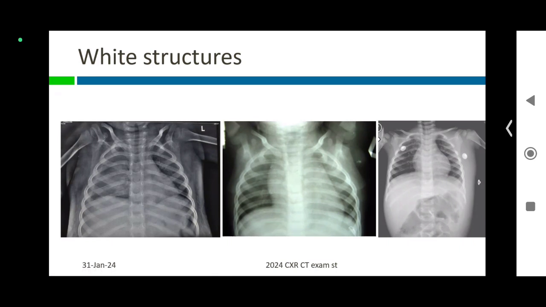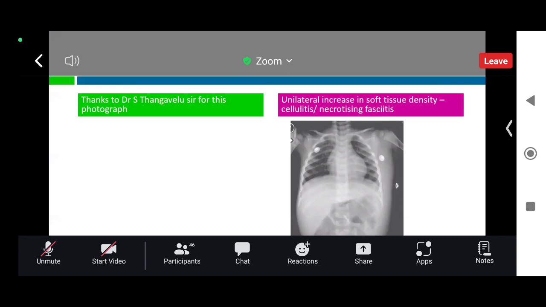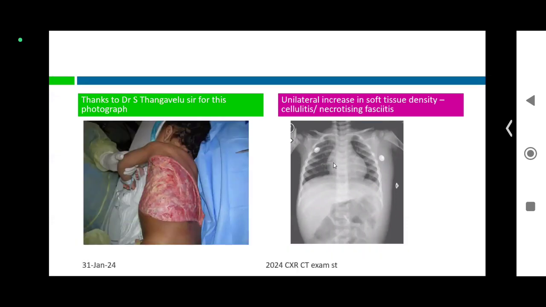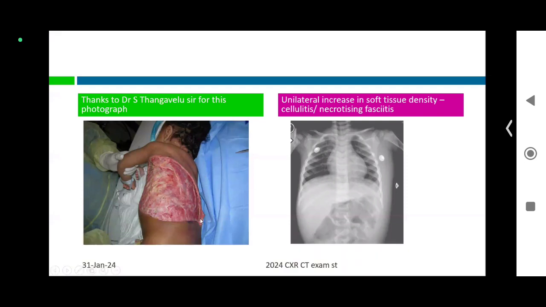Why ominous sign? This is going to be part of your necrotizing fasciitis. If you see an X-ray like this, you need to make sure the child is looked after well, because this is a life-threatening condition, necrotizing fasciitis.